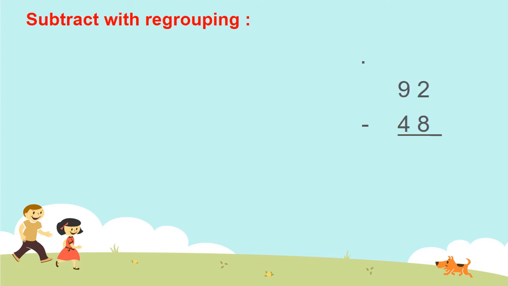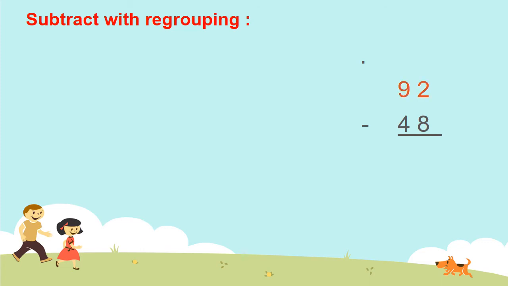Now I want you to help me with this problem, Primary 2. Now what do I have here? 92 and subtract 48. Now take care what we're doing. We're subtracting. So what am I going to do first? Tell me, what shall I do first? Help me out. Yes, represent the 92.